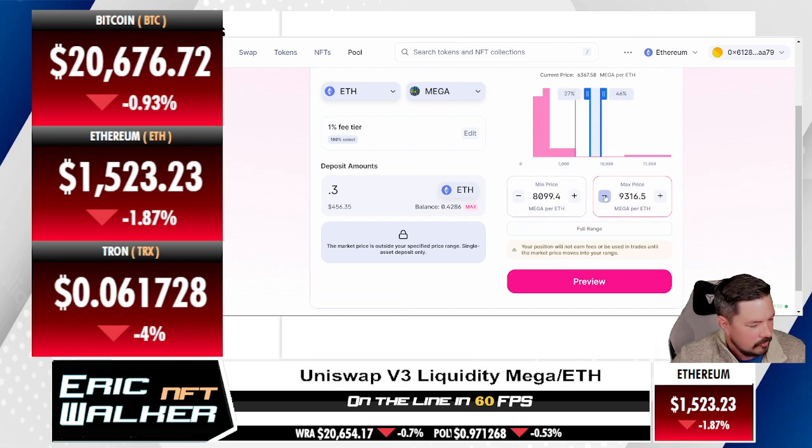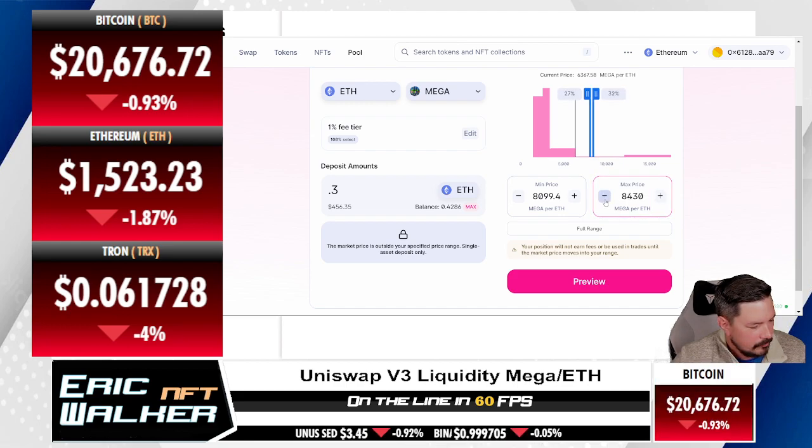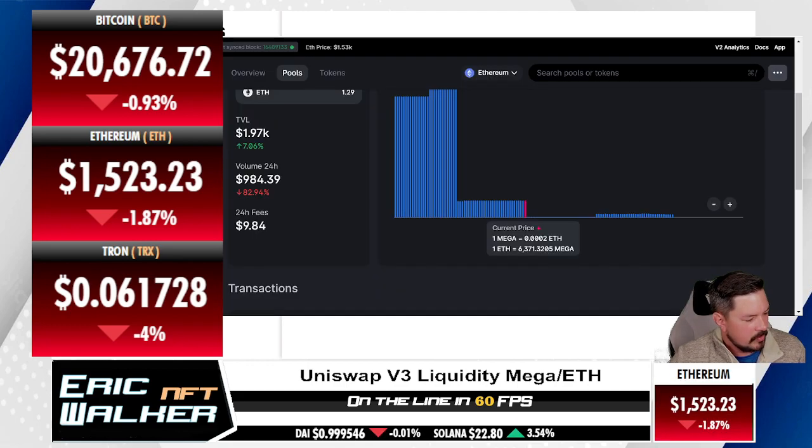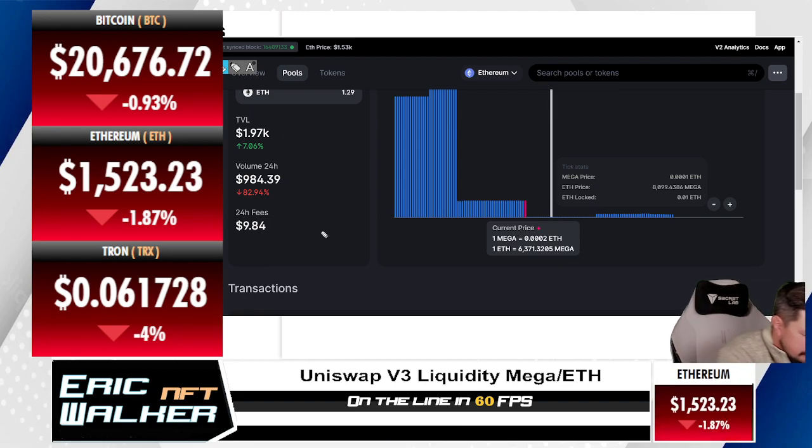Or you can do a skinny range, right? So from 8,000 to say 8,200. What would that look like on our chart if we were to do that? We asked for 0.3 ETH, right? So let's look at that. Right here we have 8,000. It would be a line that would look like this. Actually, I'm sorry, it would be blue.